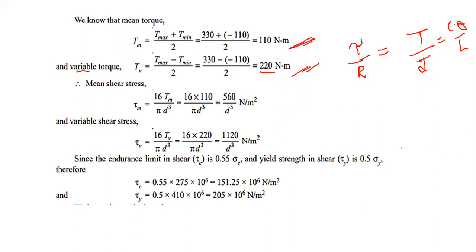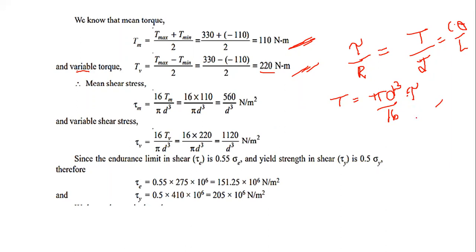We discussed it in the first unit. From the torsional equation, we know the formula for torque. Torque for solid shaft, torque T equal to pi d cube by 16 into tau. So this is the formula for torque.